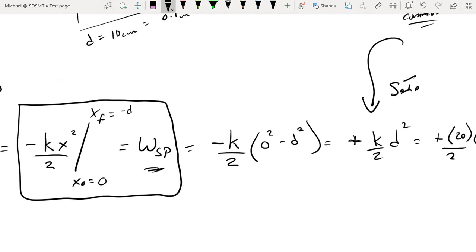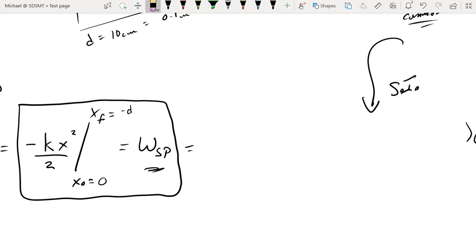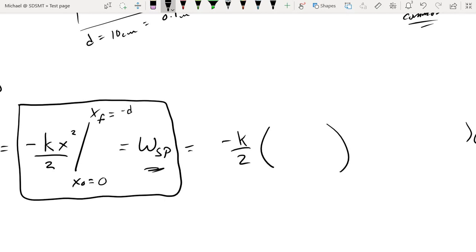Now do be careful with your algebra. We're going to evaluate all of this stuff. We'll take the negative k over 2 out front again. And then we have to evaluate x squared at the two limits. X squared evaluated at negative d means that we have negative d squared.